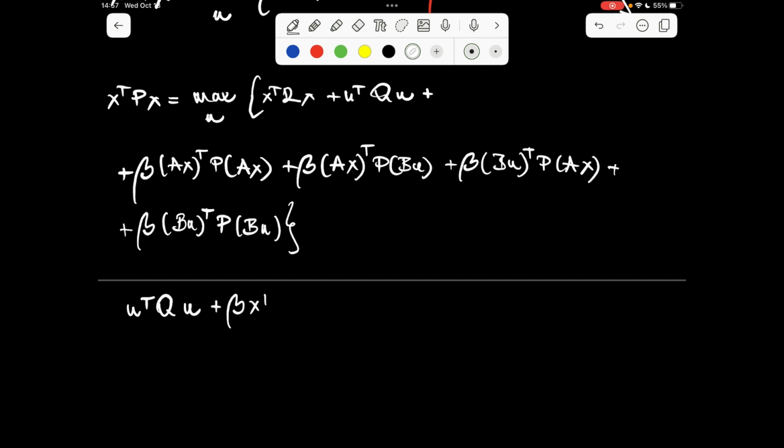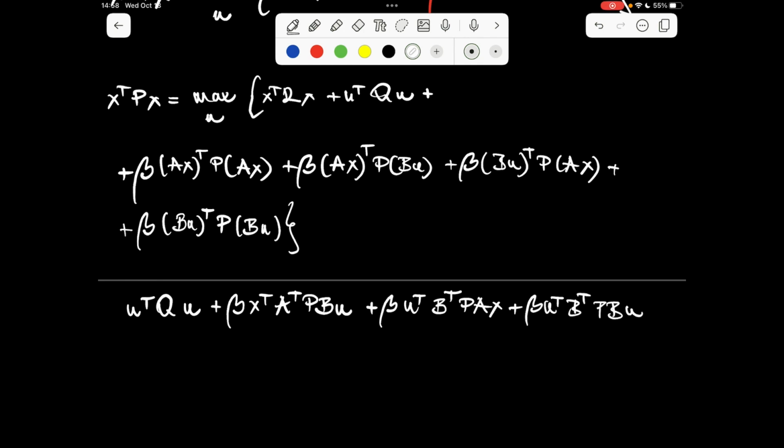We are on the way to the first order condition, and you can see that some parts of this Bellman equation simply don't contain the control variable, so we have nothing to do with them.